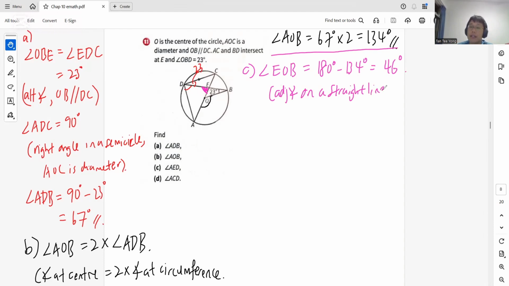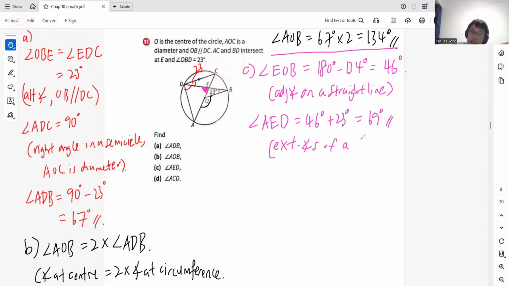So we know that EOB is 46, and OBE is 23, so we can find out angle AED. Angle AED equals 46 degrees plus 23 degrees equals 69 degrees. The angle property here is external angle of a triangle. So it is 69 degrees.